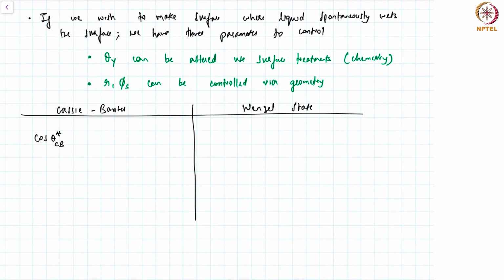It is minus 1 plus phi s into cos of theta y plus 1. And what was the equivalent in the Wenzel state? Let's call it W. In the Wenzel state, we simply had r times cosine of theta y.